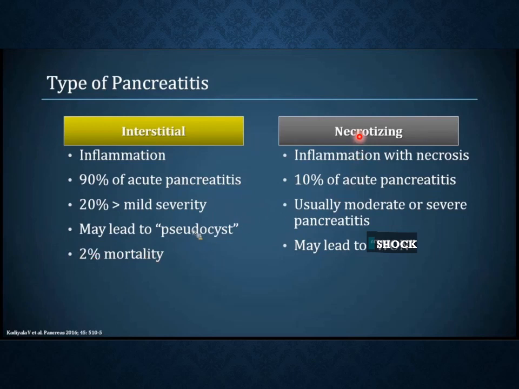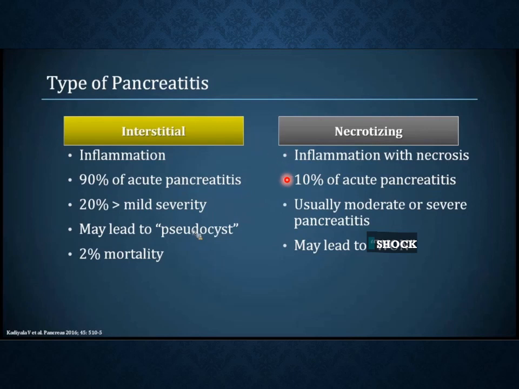The other form of acute pancreatitis is called necrotizing pancreatitis, where the inflammation progresses on to form necrosis of varying severity. If it is severe necrosis, then the patient becomes severely ill.